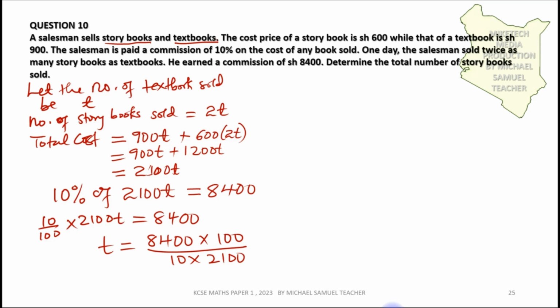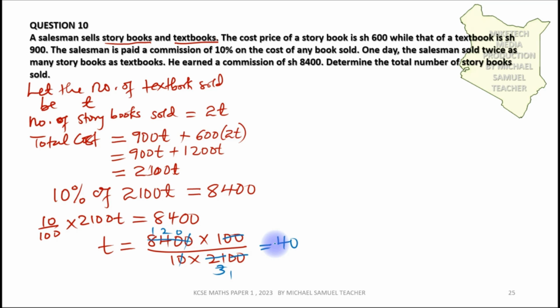If we divide, 0 and 0 will cancel, 0 and 0 will cancel, by 7, 3, by 7, 1, 2, 0, and by 3, 1, by 3, 40. So T is equal to 40.